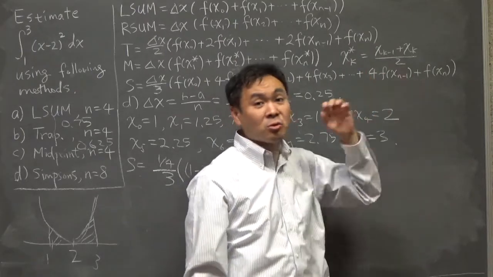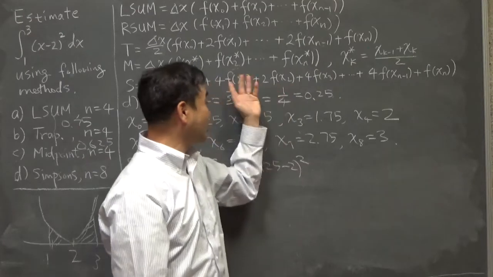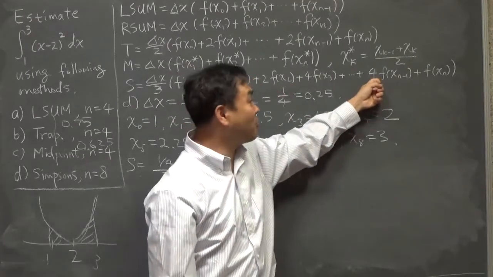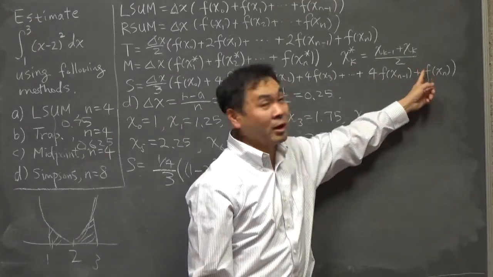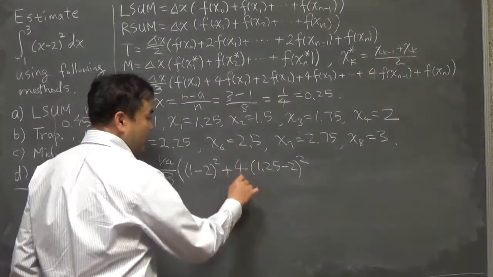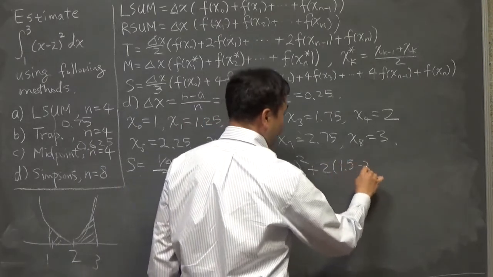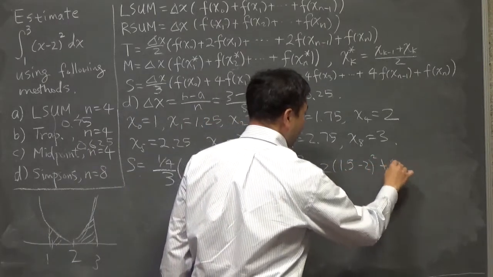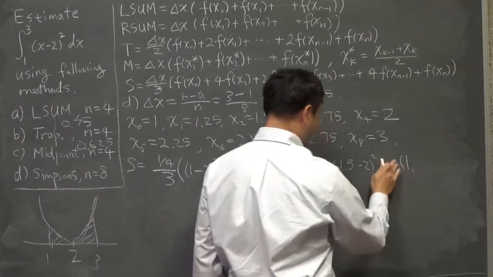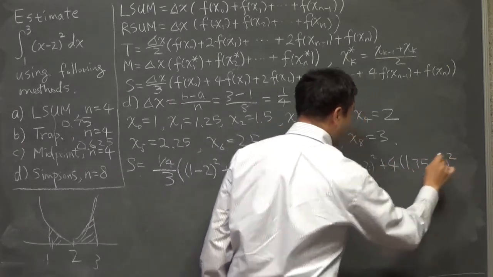Because Simpsons rule only applies when n is even, you always alternate this and end at the same 4. And then the last one will have coefficient 1, right? So you want to put 4 here plus 2 times 1.5 minus 2 squared plus 4 times 1.75 minus 2 squared.